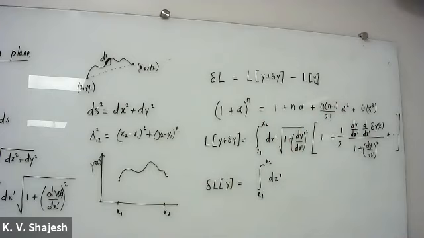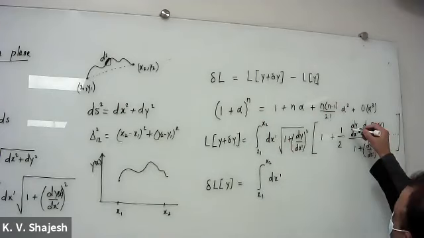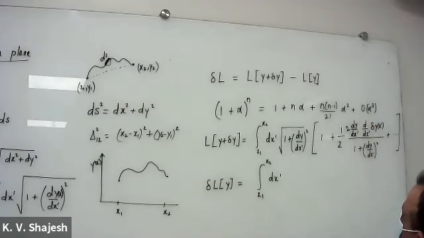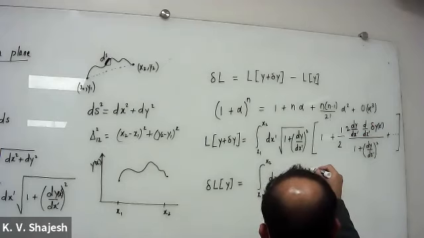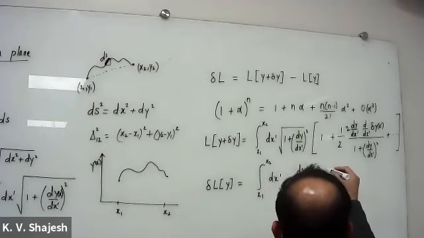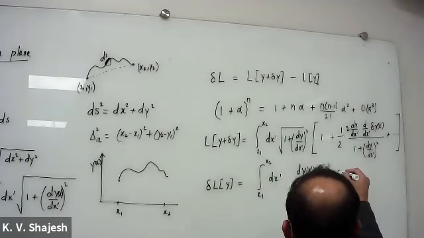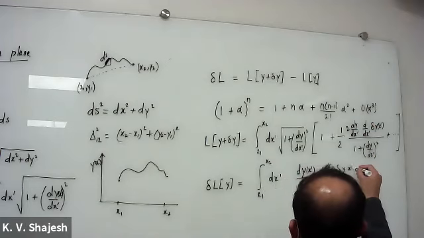Oh, I missed a 2. There's a factor of 2 here. The 2 cancels out, and what we have is dy of x prime over dx prime, d by dx prime of delta y of x prime.